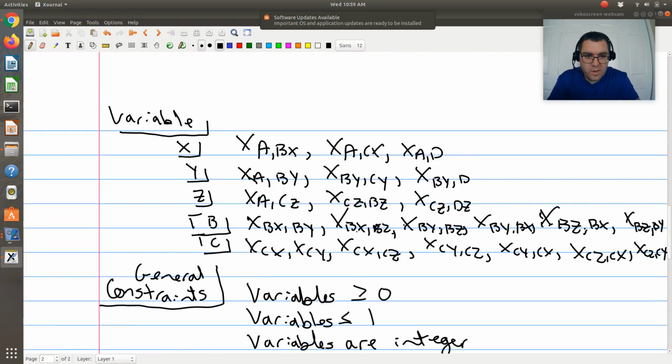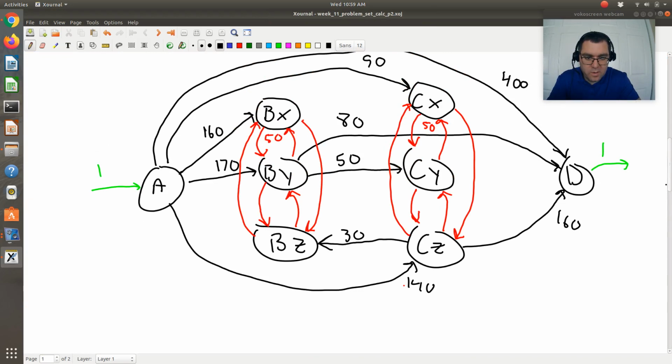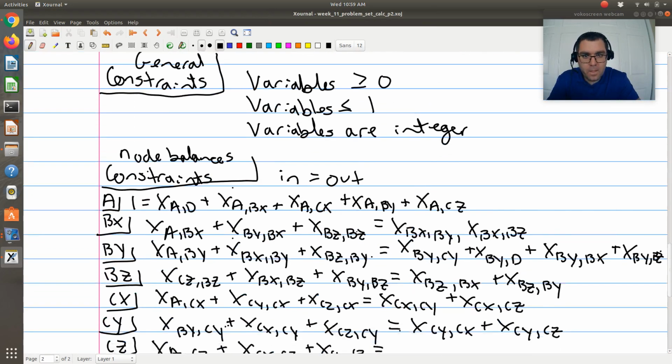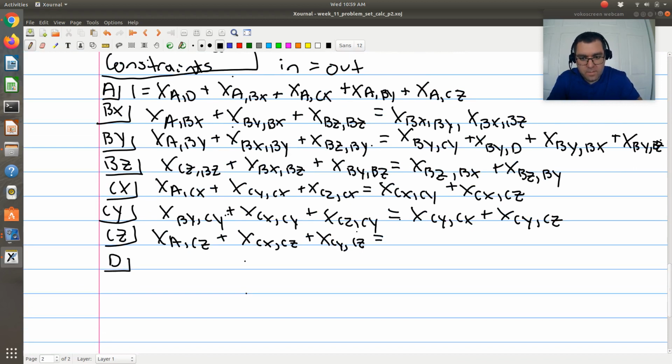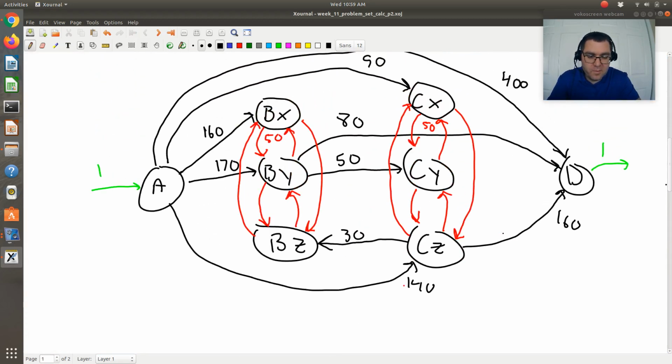Now let's see if there's any flights out. There are two flights out, one to BZ and one to DZ, or just D. So we'll go from CZ to BZ, and then we'll go from CZ to D, and then I just have to add into that the possibility of transfer.